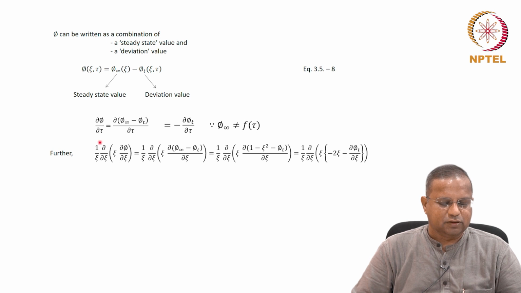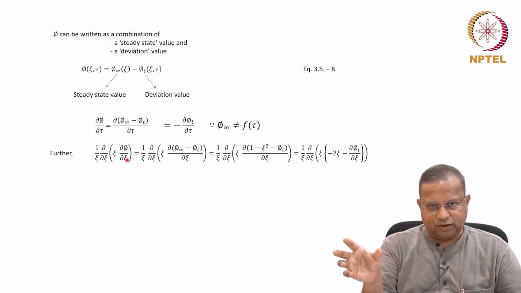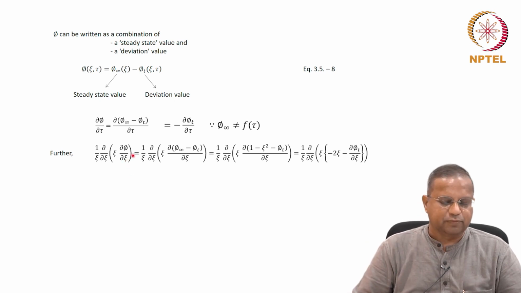Further, 1 by xi dou xi dou phi dou xi. This is the term on the right hand side apart from the pressure term. This can be written as 1 by xi dou by dou xi of, phi in terms of phi infinity and phi t, dou of phi infinity minus phi t, the rest remaining the same, and this is nothing but dou of 1 minus xi squared minus phi t divided by dou xi.